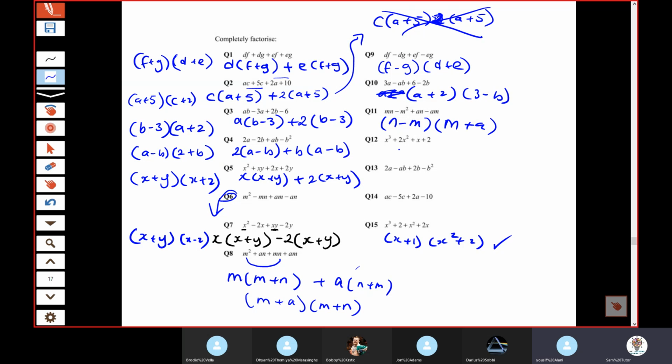I got 13 and 14 as well. Yep. For 13 I got A plus B and then brackets 2 minus B. Yep. Looks good. And 14 I got C plus 2, brackets A minus 5.